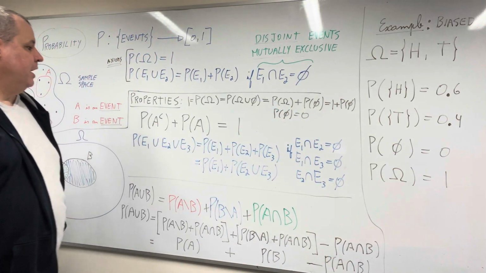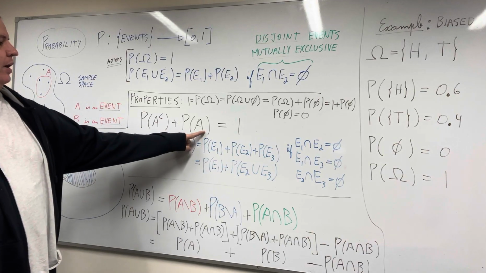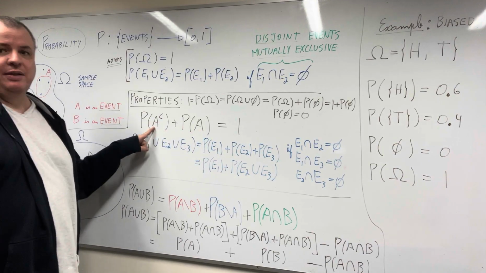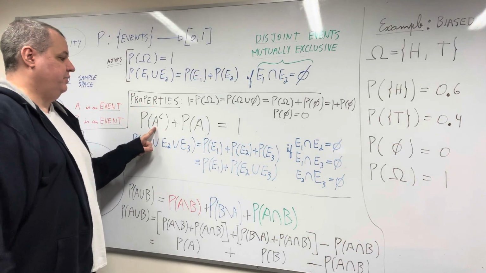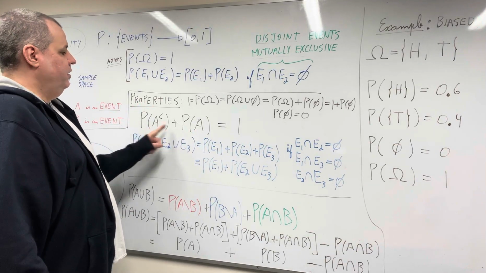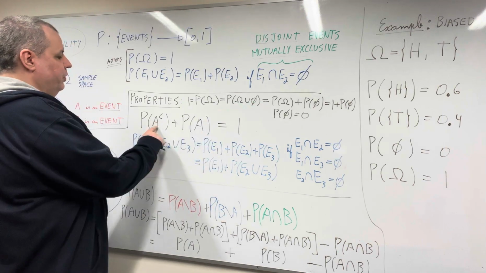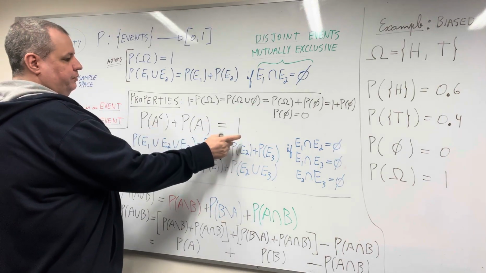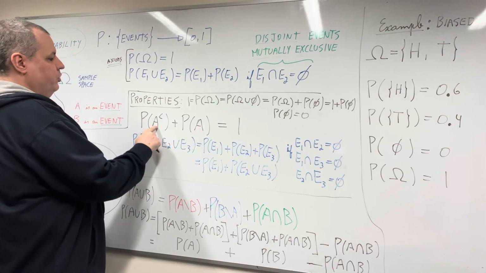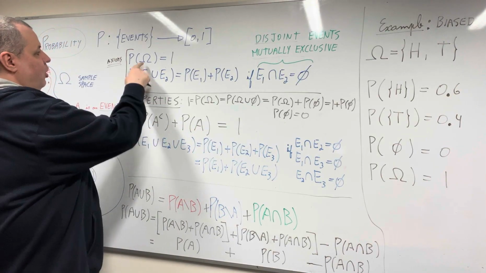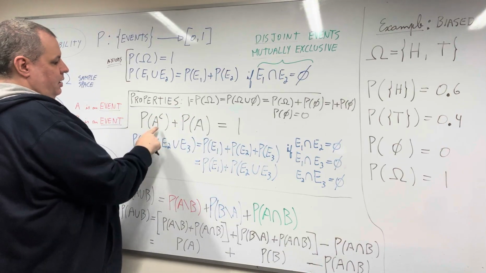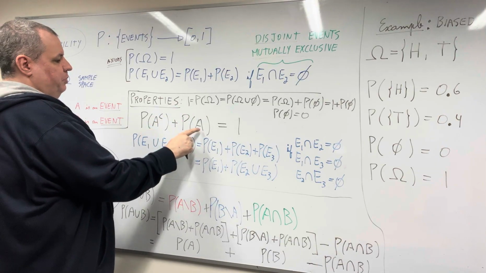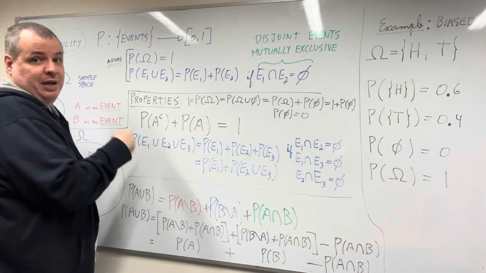And in general, if you have an event A and its complement, the complement is all the points that do not belong to set A. If you do a similar calculation, you will show that they add up to 1, because the union of these two is the whole sample space, which has probability 1, and there is no common point between a set and its complement by definition.